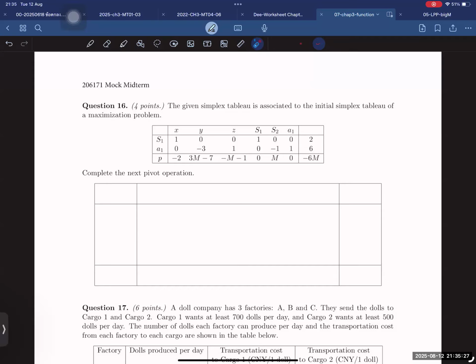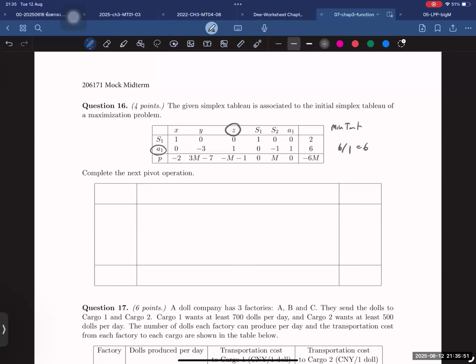M is a big value. Here is negative M, so it's very hugely negative. Therefore, this is your pivot column. Now, you do the min test. So only divide by non-zero, right? So we got 6 divided by 1. So we got 6. So that is your next step.